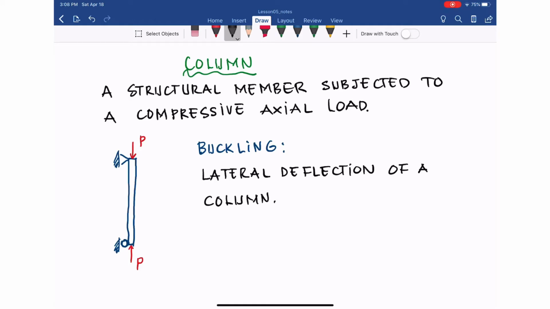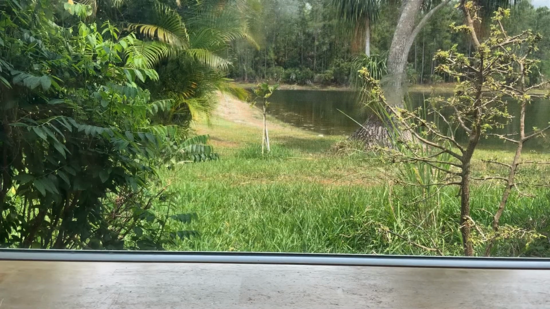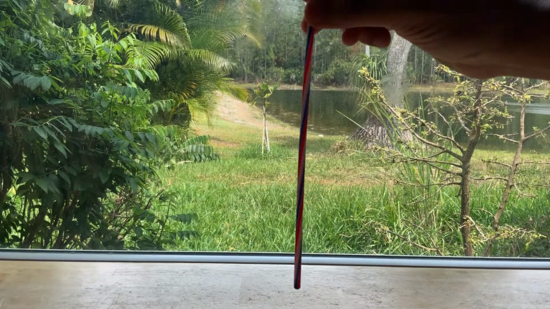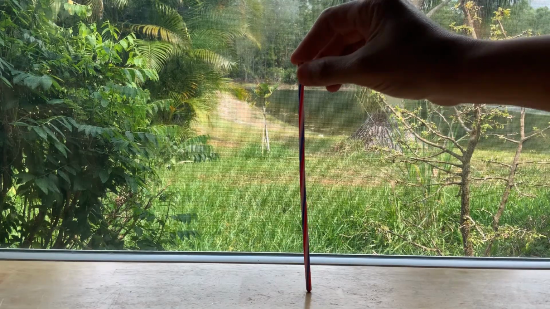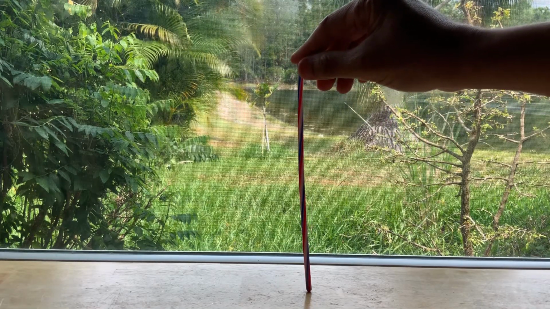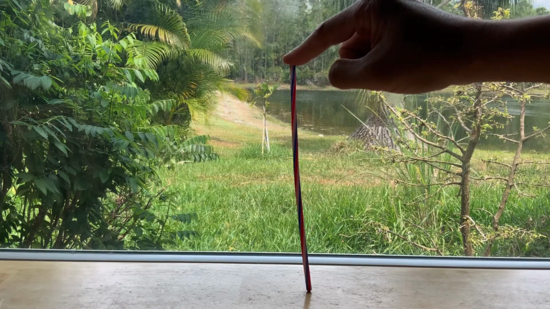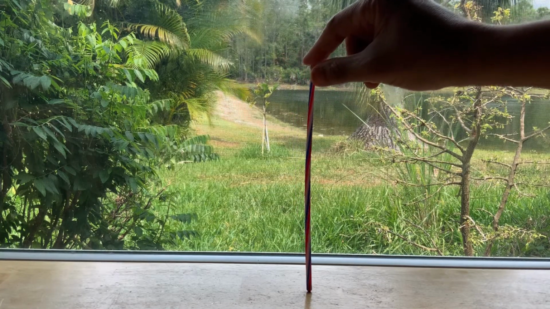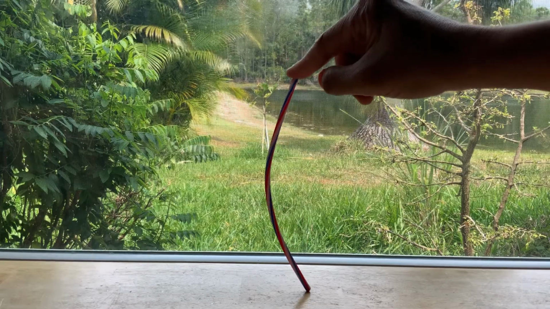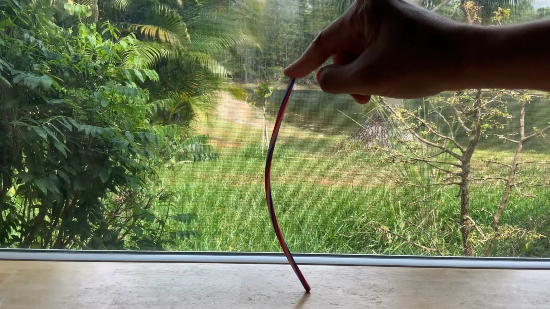So let's see one example. I'll show you what buckling is in one column with a lateral deflection in the demonstration. You see an example of buckling. We have a column member, but the load is in compression. If I apply the load vertically going down on this column, as you can see, the column will buckle.